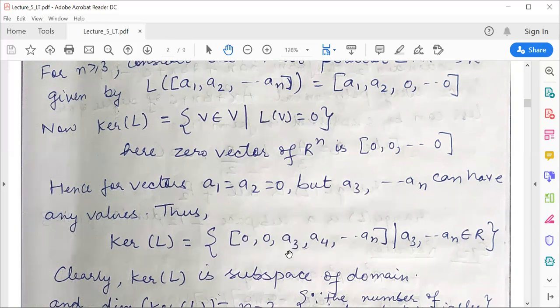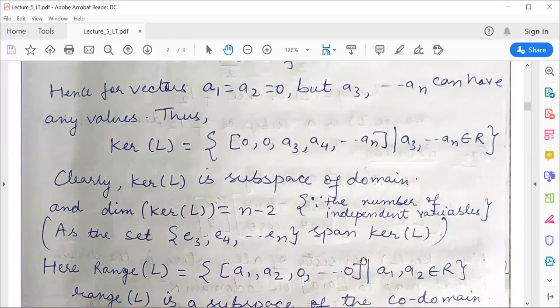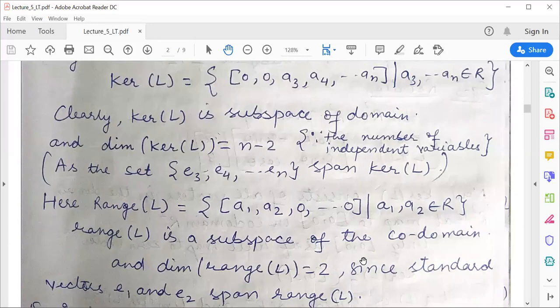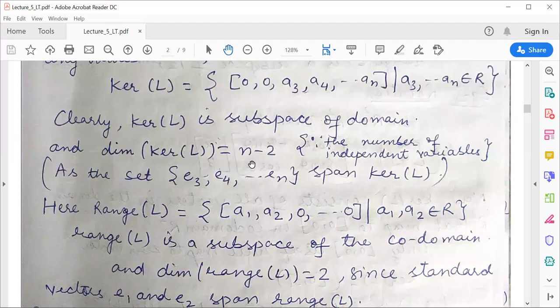So with these values of V, if you find the image of these types of vectors under this linear transformation, it will be equal to the 0 vector only. So this becomes an element of your kernel of L.